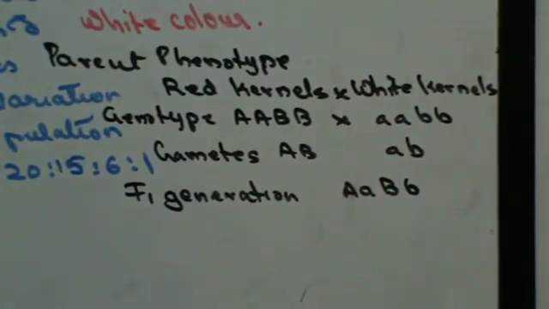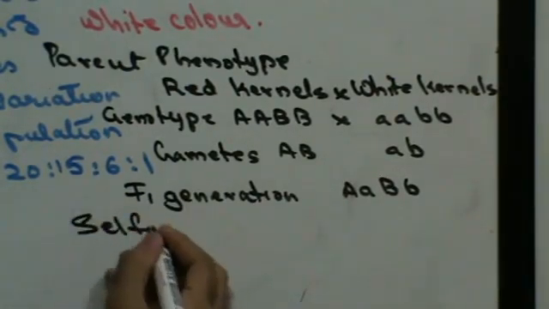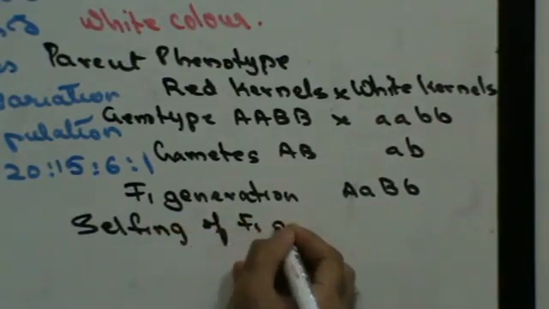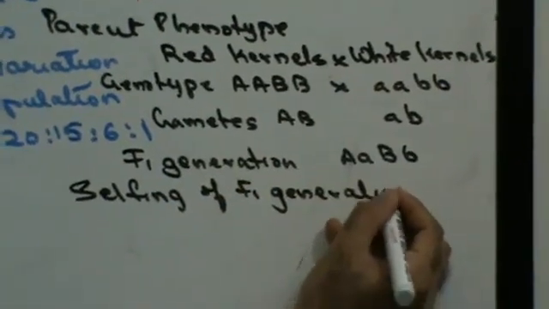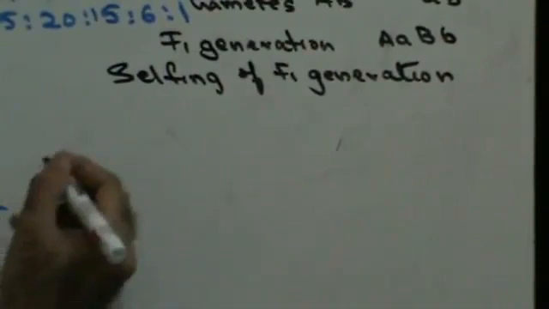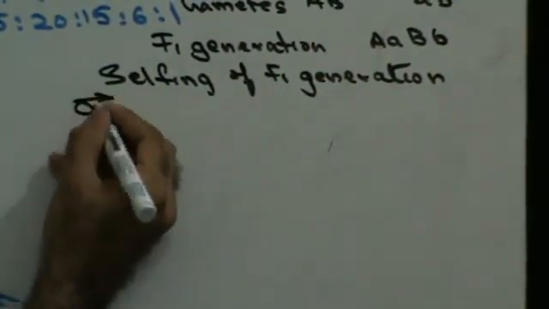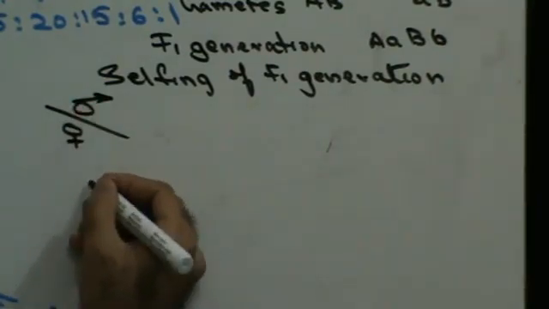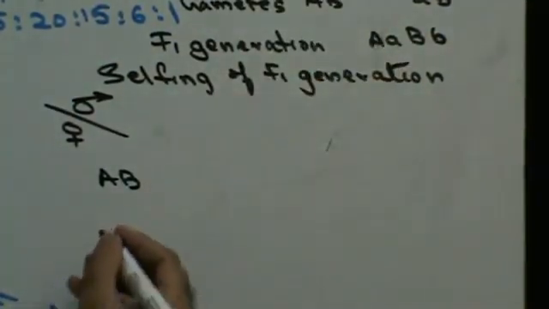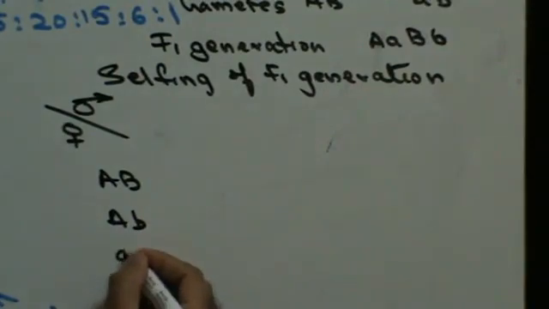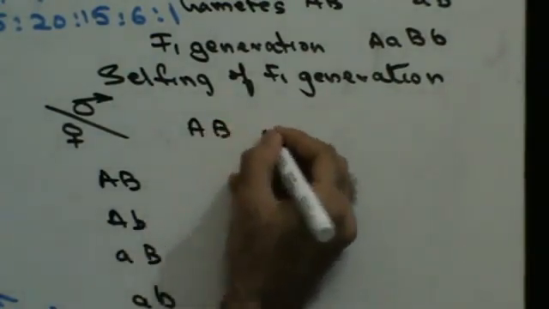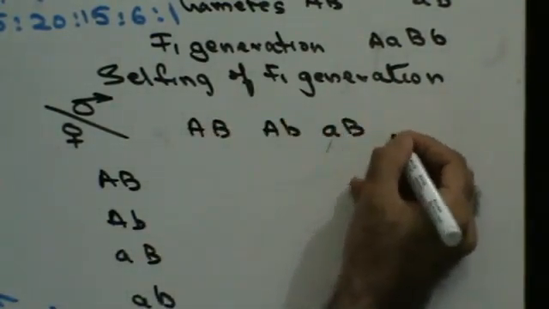Now if I have selfing of the F1 generation, then I would have male and female. The gametes that will be produced are AB, Ab, aB and ab, and the same kinds of gametes here.